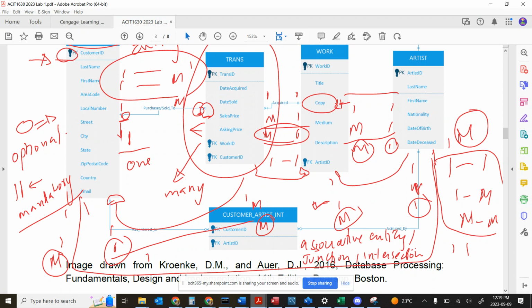So we inherit from customer, as the link is between customer and artist. The primary key, customer ID, will become a foreign key, which is FK, and artist ID, which is a primary key, will become a foreign key in customer artist int. So the main aim of foreign keys is to create a link between two or three entities.